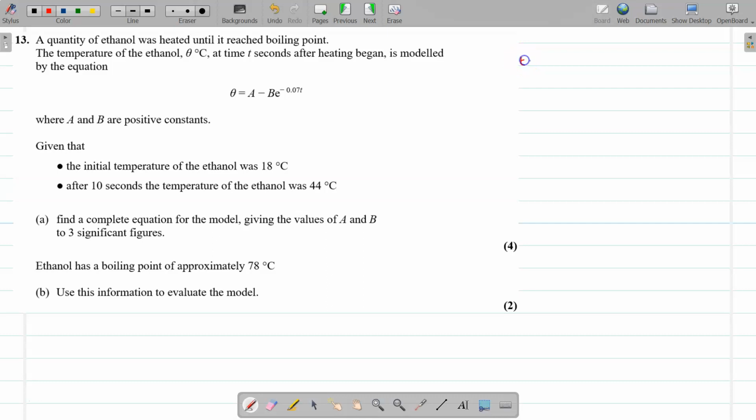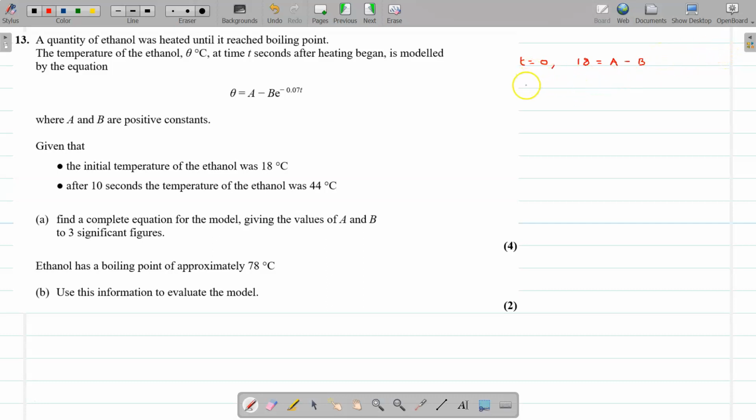So at time t equals 0, we're told that the temperature is 18. So 18 is theta, and that equals a minus b times e to the power of 0, which is just 1, so a minus b. Okay, so that's one equation that we have.